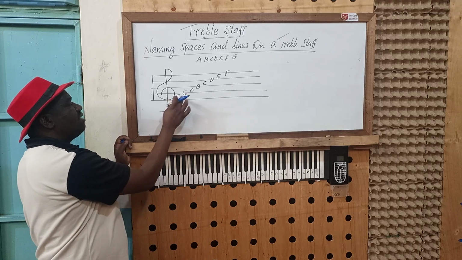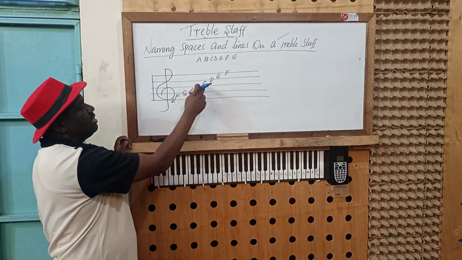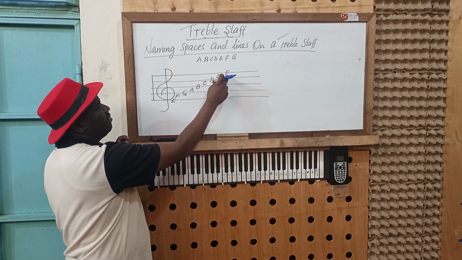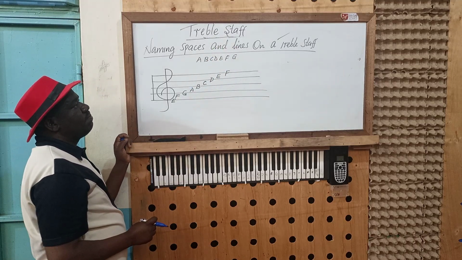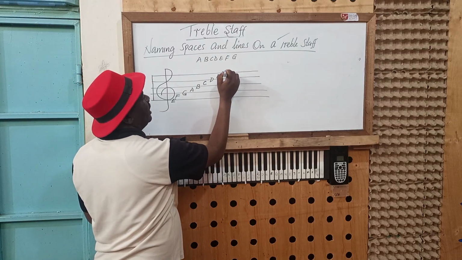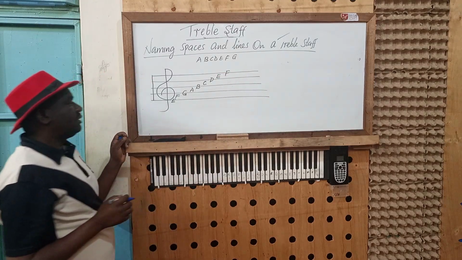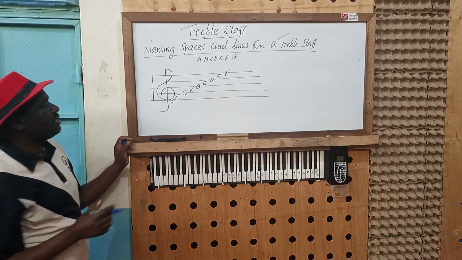So it is E, F, G, and because there is no H, you go back to A. A, B, C, D, E, F, G. If you continue, you can go to G. And so that is how we name the lines and the spaces.